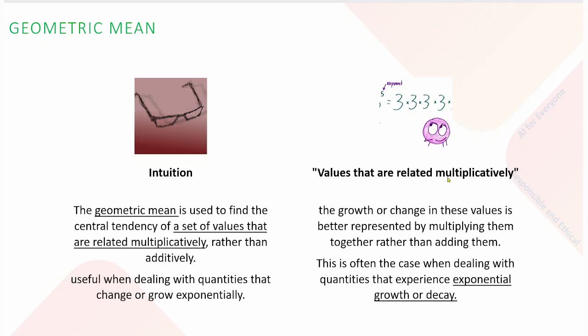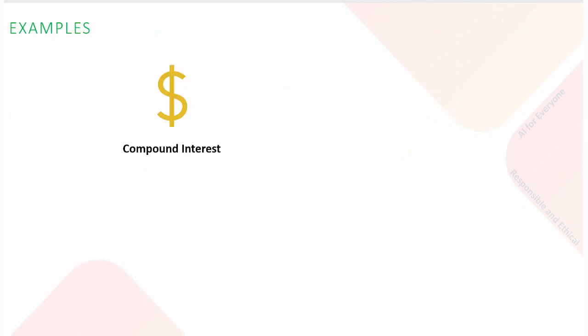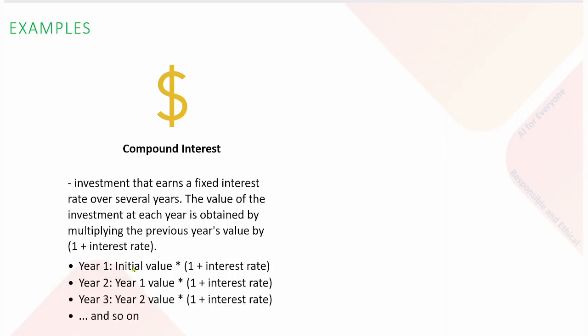That means the values are multiplicative, for example, something which grows and decays exponentially. In that case, we use geometric mean. So let's take an example of geometric mean. For example, compounding interest. Year one, the initial principal and then the interest rate.